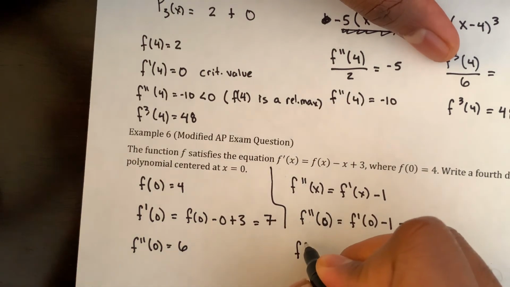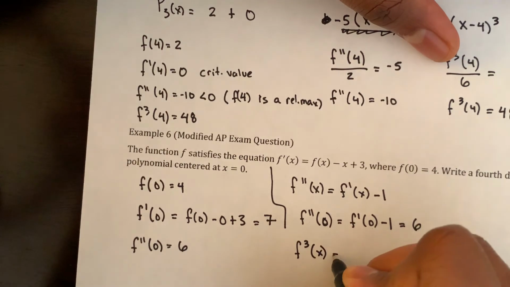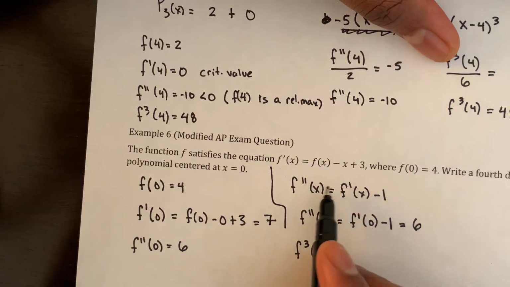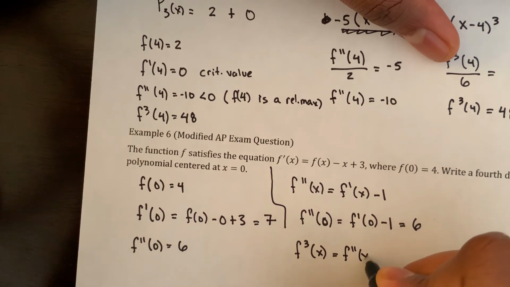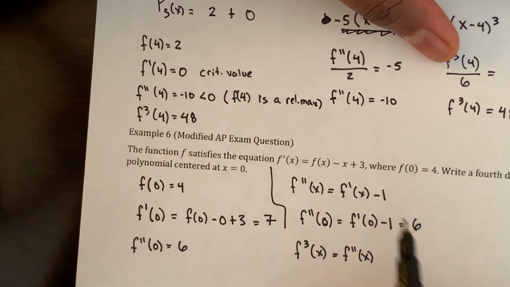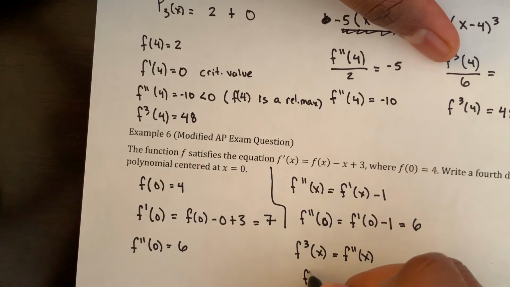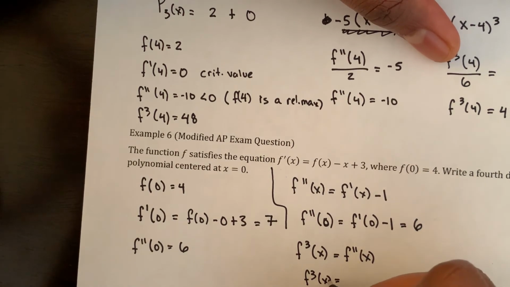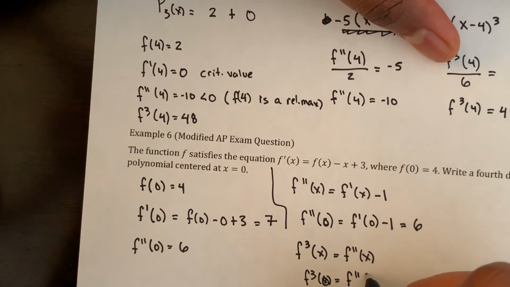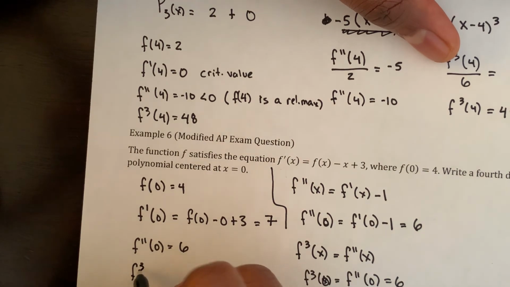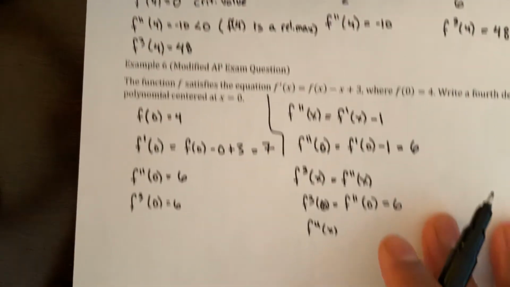And then if we do the third derivative, we're going to have the derivative of this equation. So the derivative of f prime is f double prime of x, and the −1 just goes to 0. So then f triple prime of 0 is equal to f double prime of 0, which equals 6. And so then even the fourth derivative, oh, I'm sorry, I'm off the page.